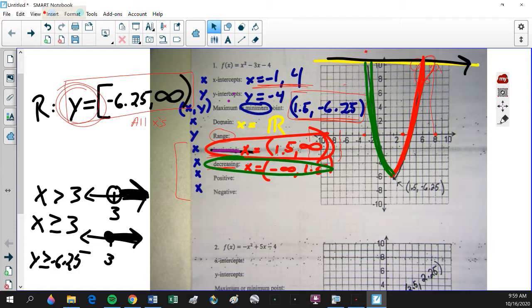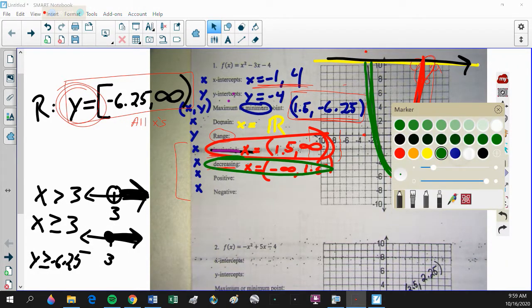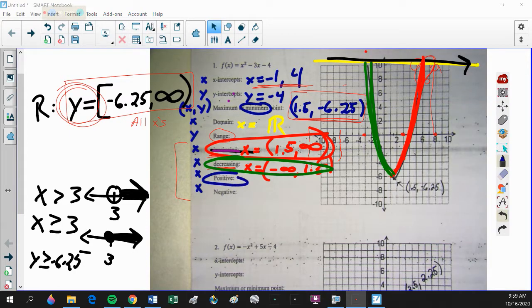So get another color and highlight positive. Where is the graph positive? This chunk over here and this chunk over here.